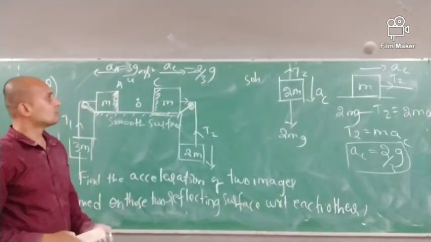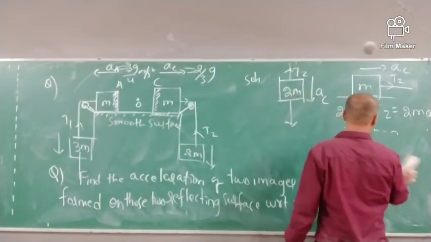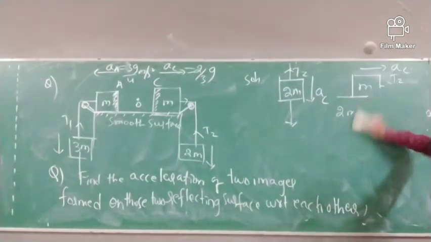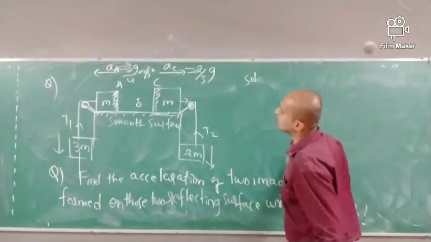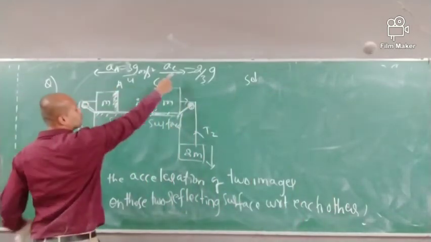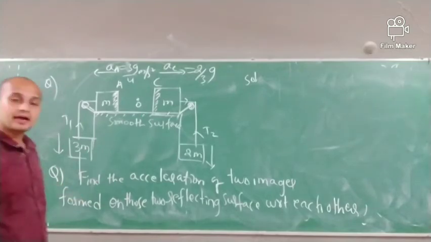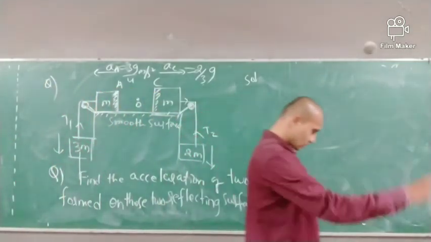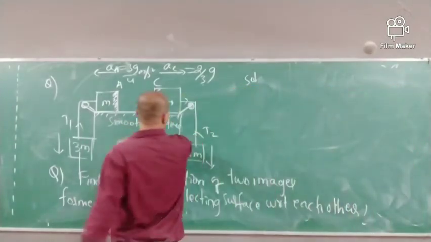Are you getting that? So once I know the acceleration of mirror A, of mirror B, what is the acceleration of mirror A? Of mirror C? This is the acceleration of mirror A and mirror C. It is happening along x-axis.